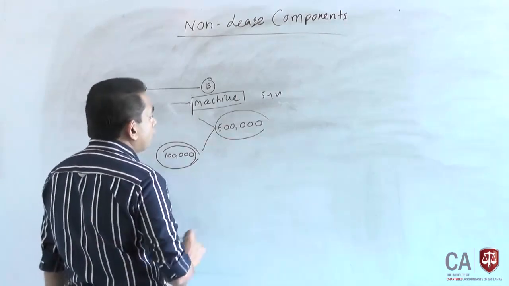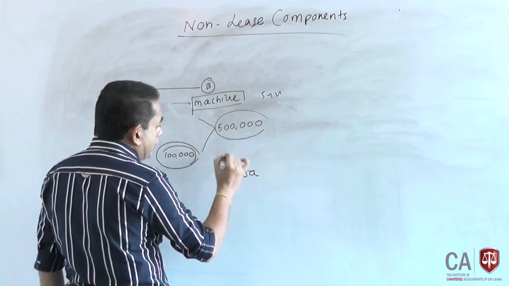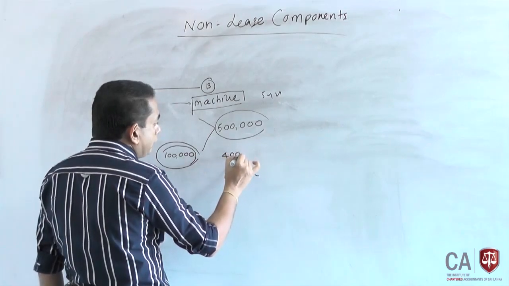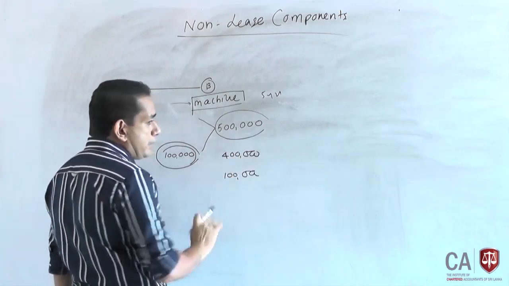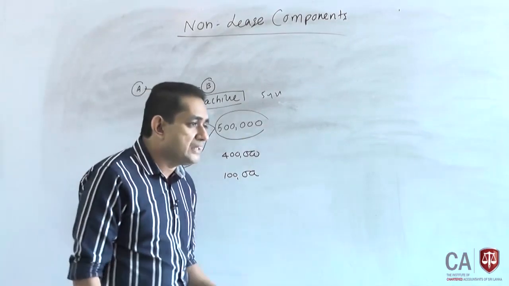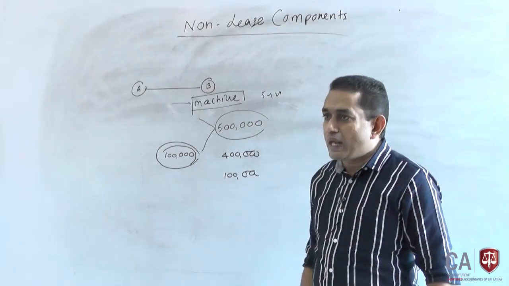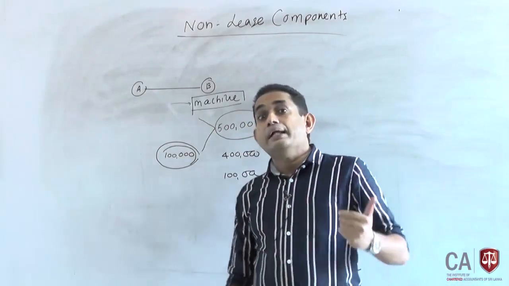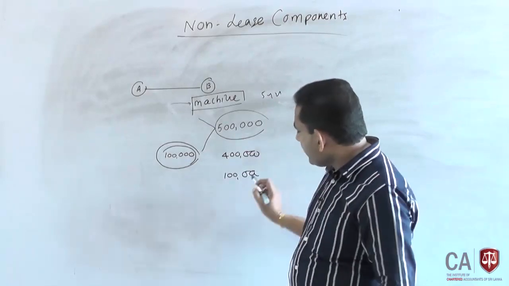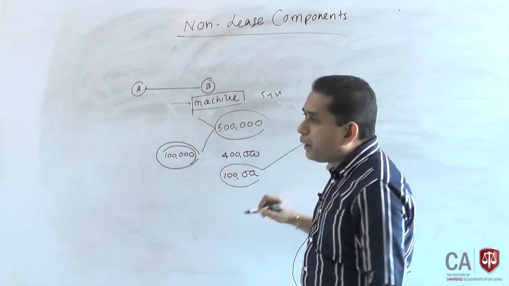Then out of 500,000, you should remove 100,000 rupees, and only the 400,000 rupees will be taken as the amount attributable to the lease components, and this is what you will use to determine the present value of the lease liability. Now, this will enable you to keep the maintenance cost away from the liability as well as the asset.